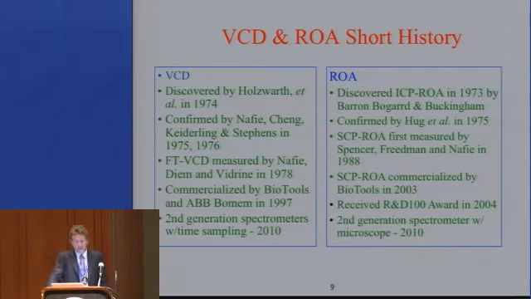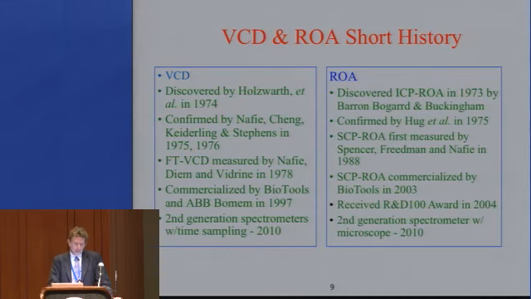So this is just a brief bullet history, very short history of VCD and ROA, just to show how parallel their developments were. VCD was discovered by George Holsworth at the University of Chicago, and there were several other collaborators, including Al Moskowitz, who was my undergraduate advisor at the University of Minnesota in 1964 to 67.